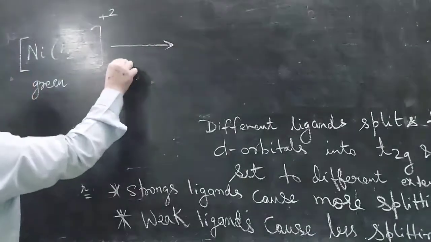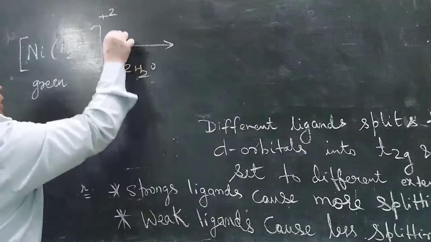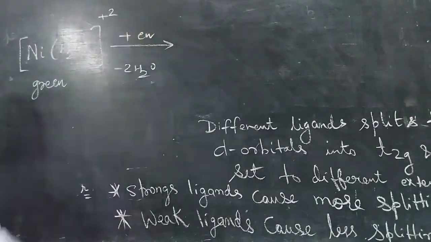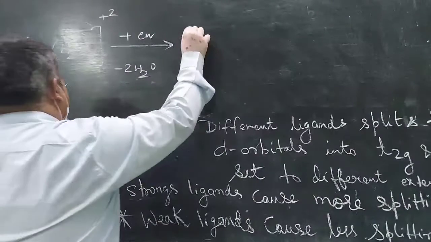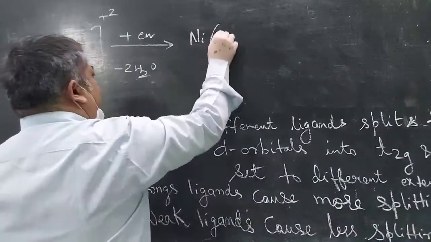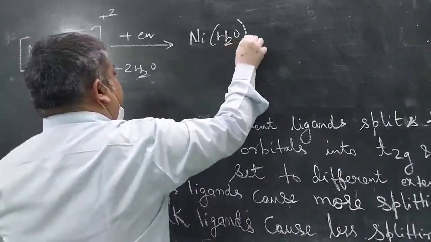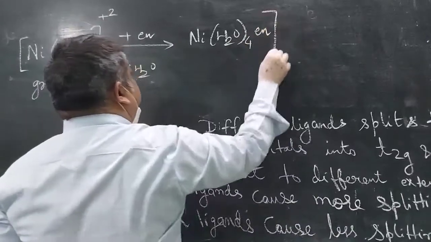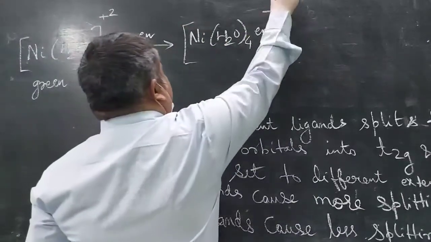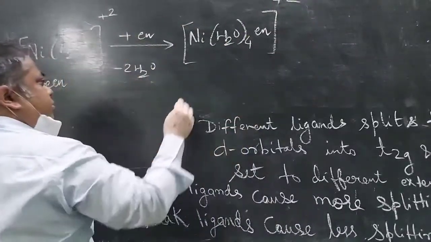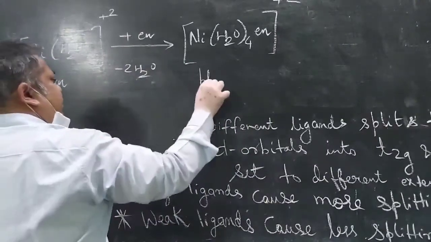Now minus 2 H2O and plus 1 EN will form nickel H2O 4 EN plus 2, which will be blue in color.